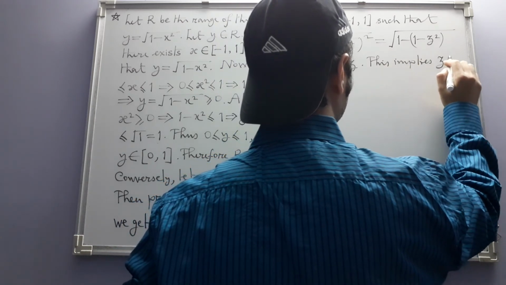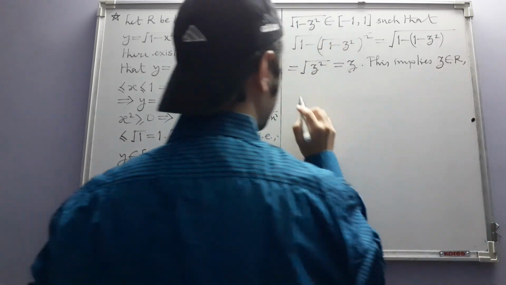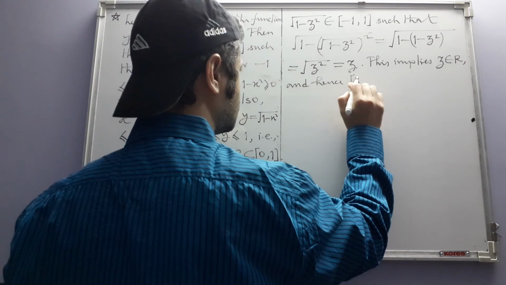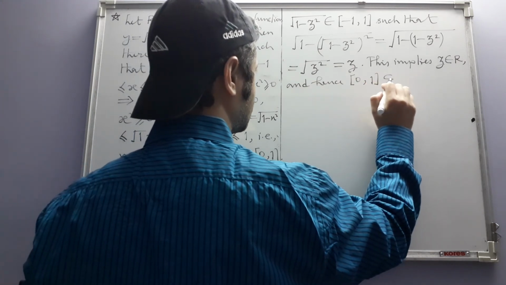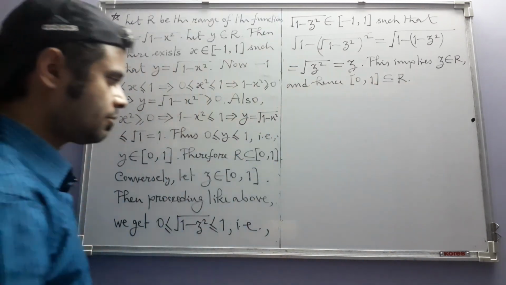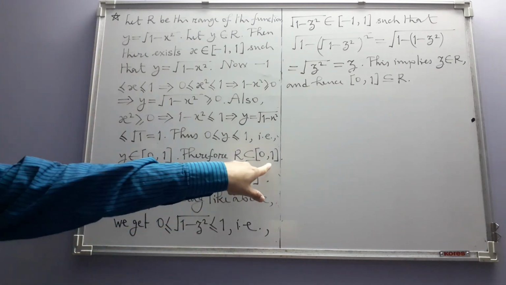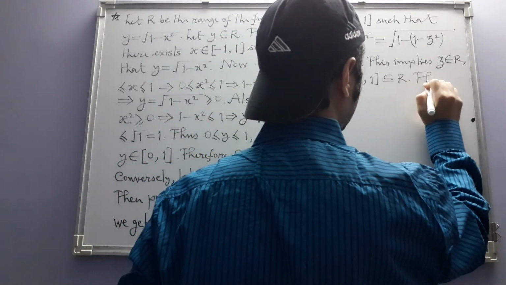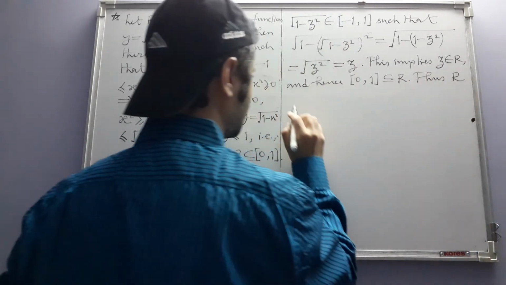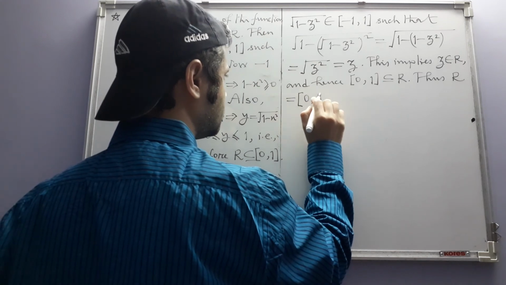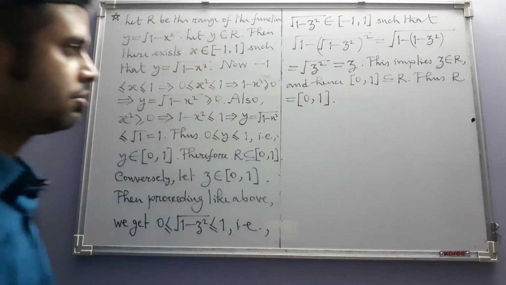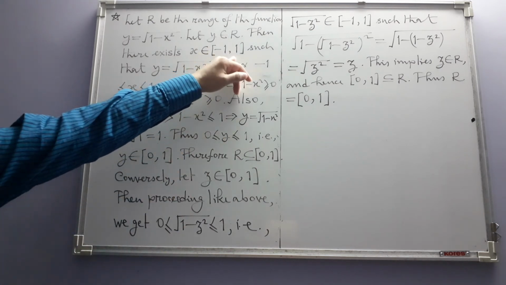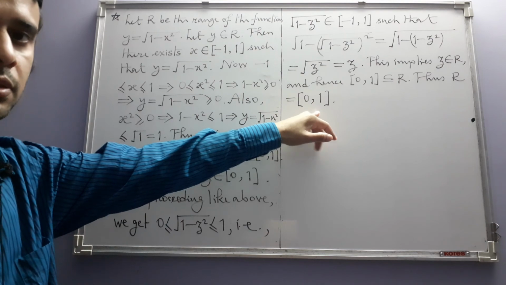This implies this is a range element, and hence this is contained in the range. Now you combine these two inclusions. Thus R is equal to 0, 1.